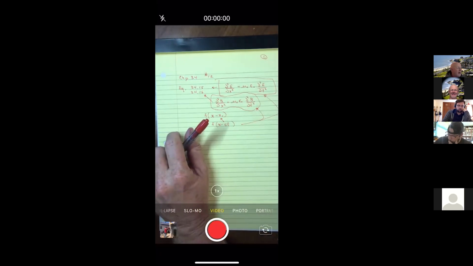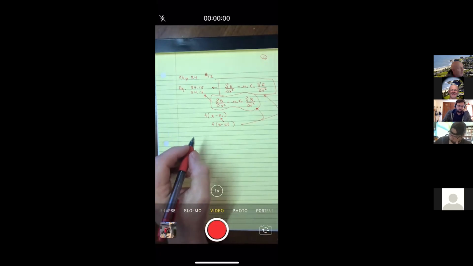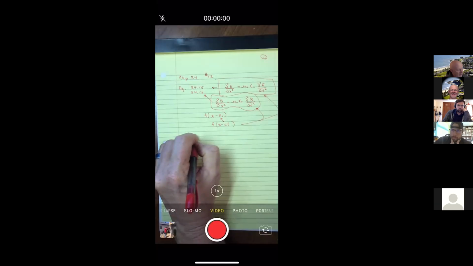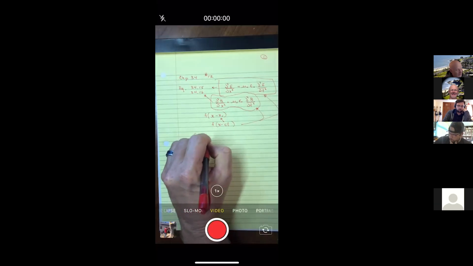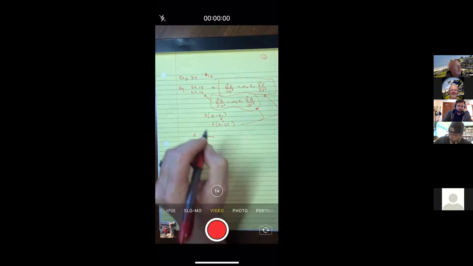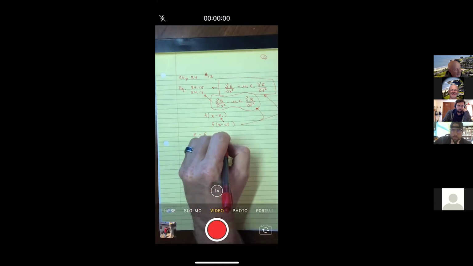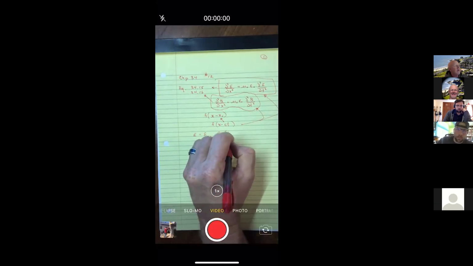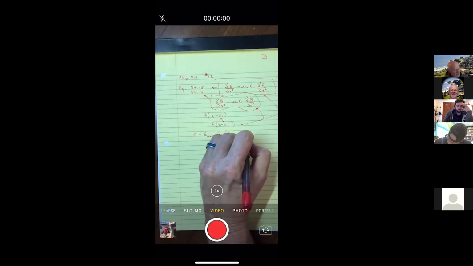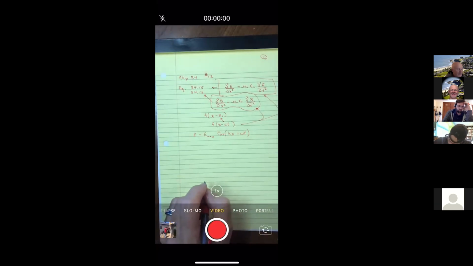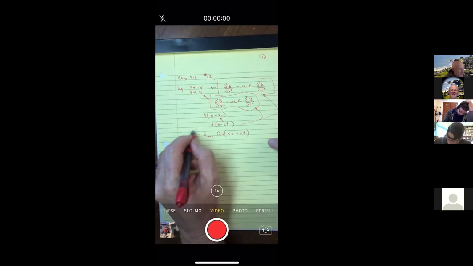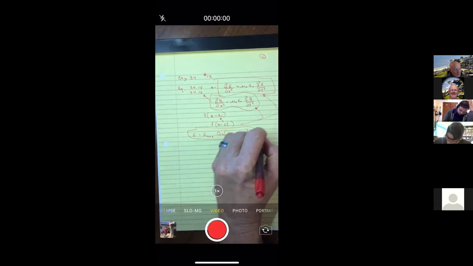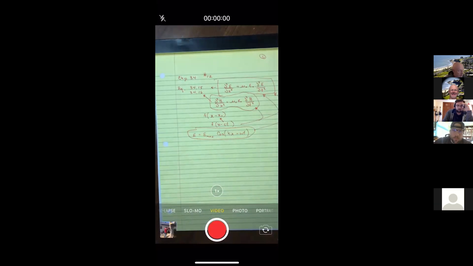Now, we don't have to do all of that. We just have to confirm that if the electric field follows this form, it has some maximum value, call it its amplitude, and it has a cosine of kx minus omega t, then this is the solution to that.